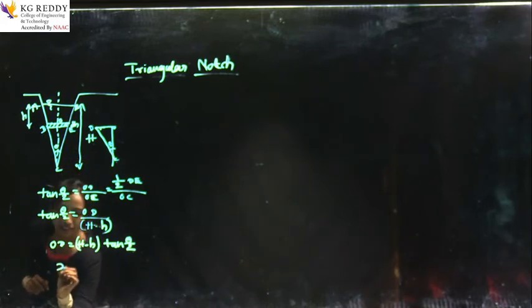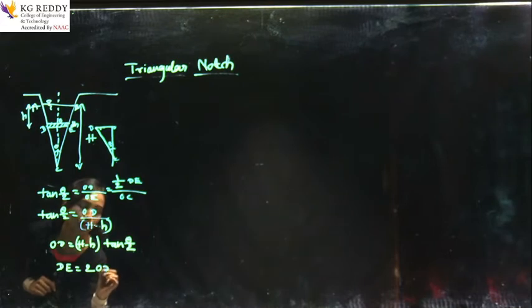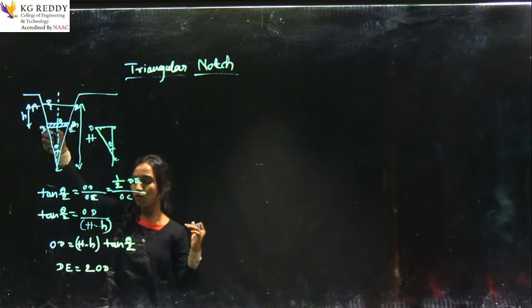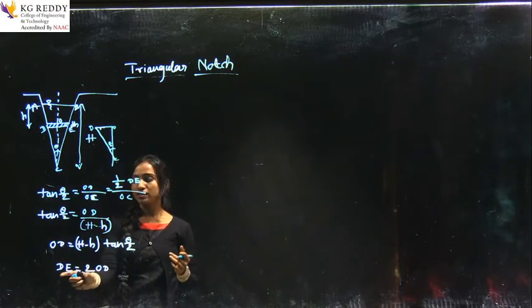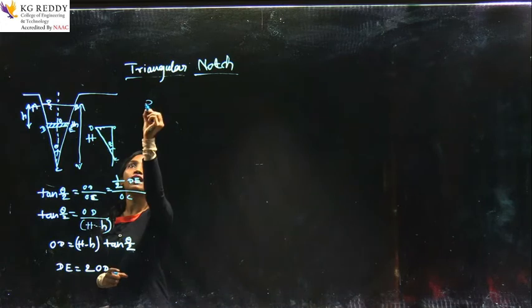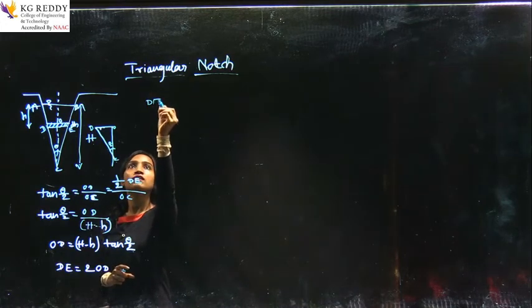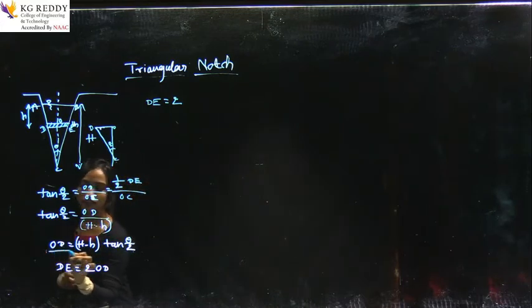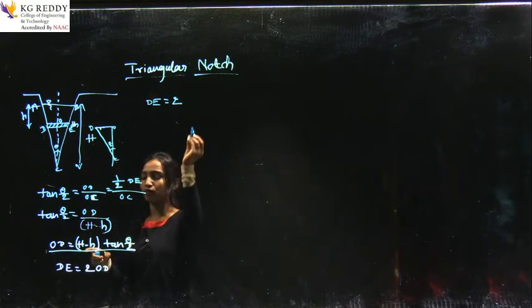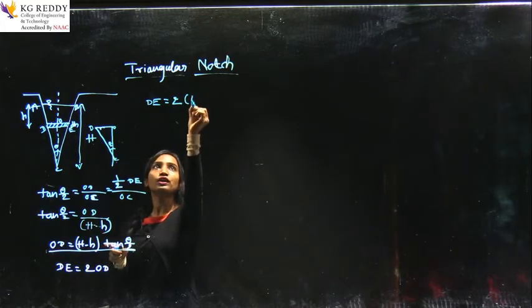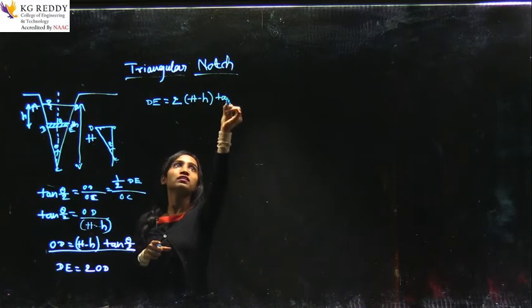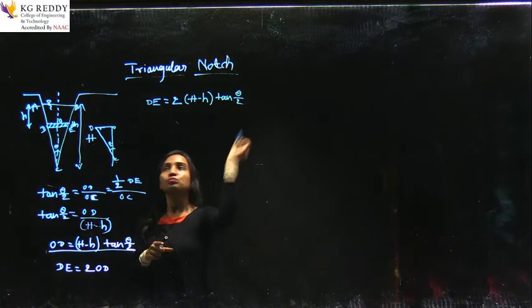Now DE is equal to 2 times OD. The OD is this value. Just substitute this value in this equation. So DE is 2 into capital H minus small h into tan theta by 2.